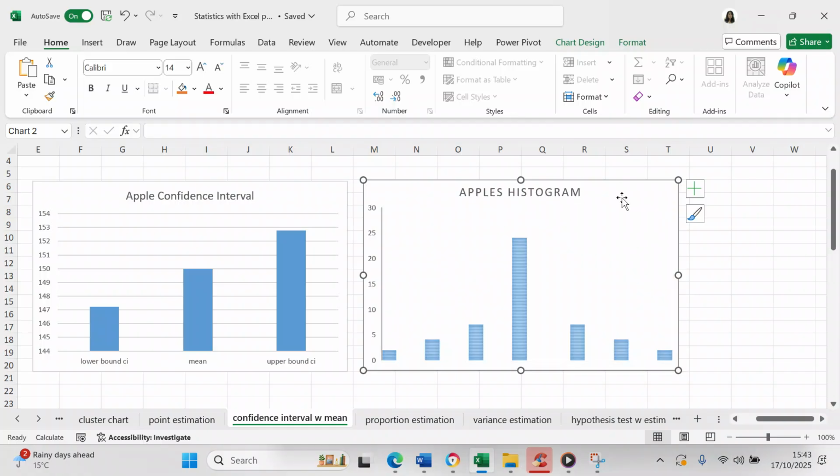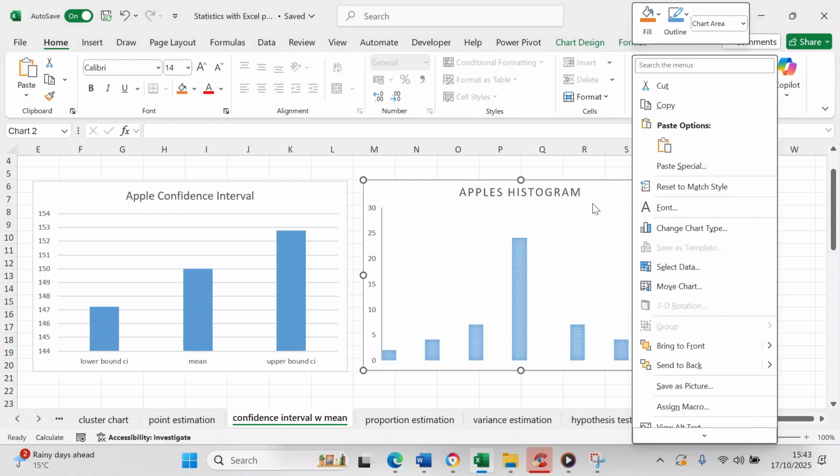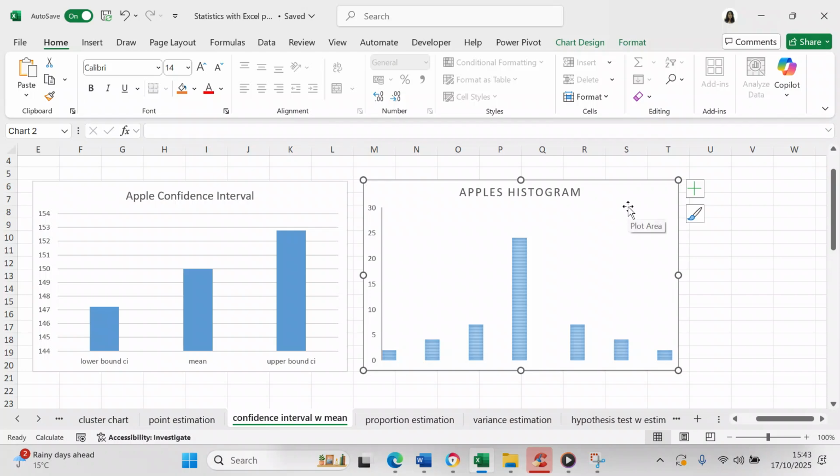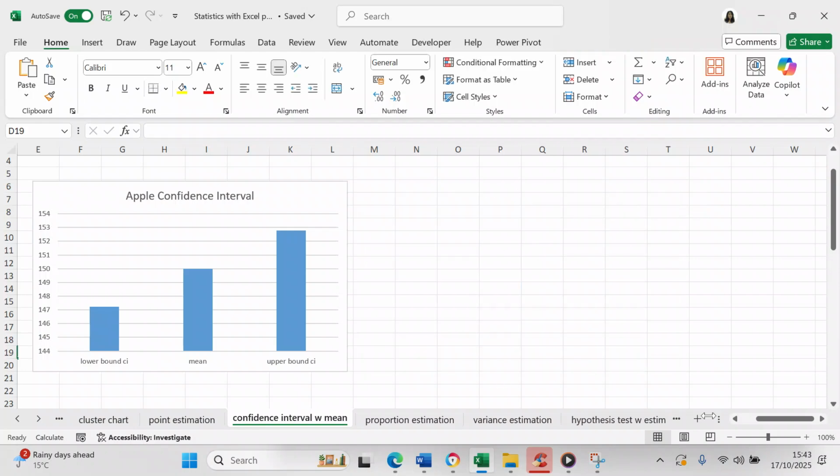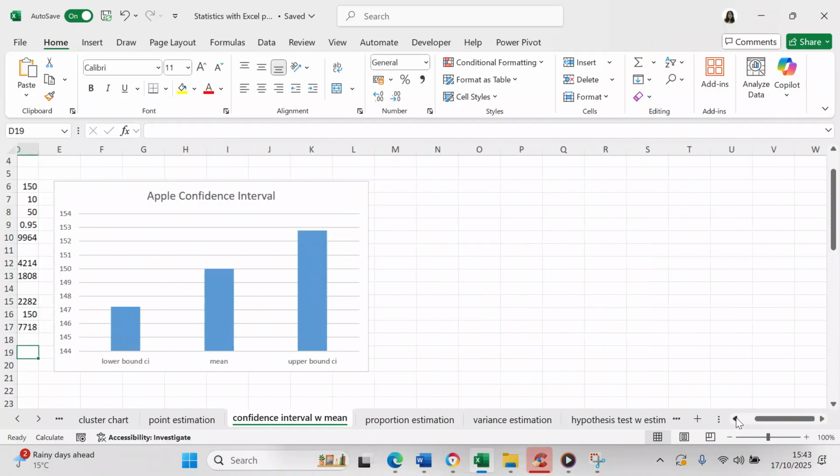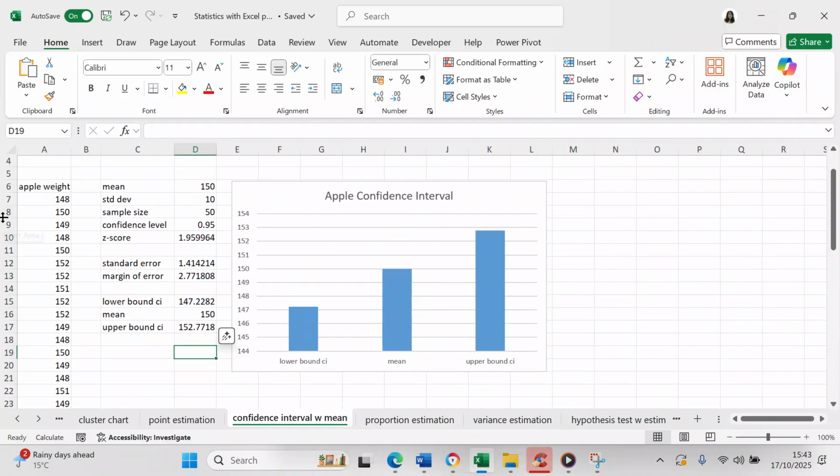I also created a histogram, but I won't be able to do anything with the histogram because I deleted the bottom part of it. So we'll just delete this histogram altogether, and then we're going to make a new histogram.